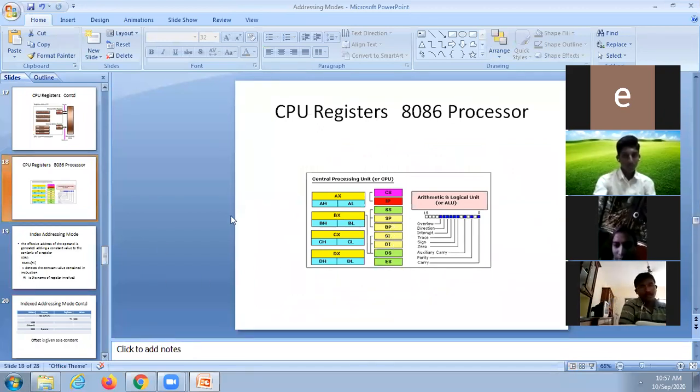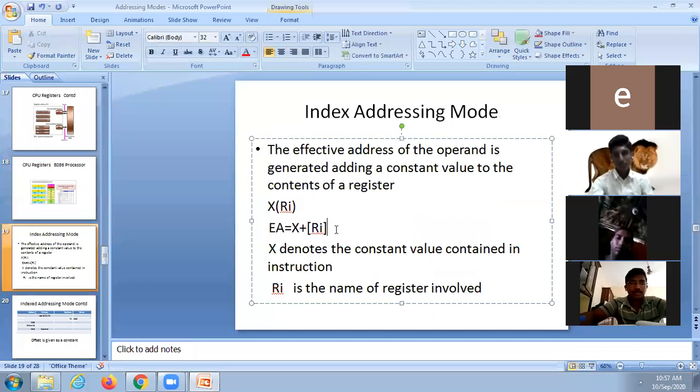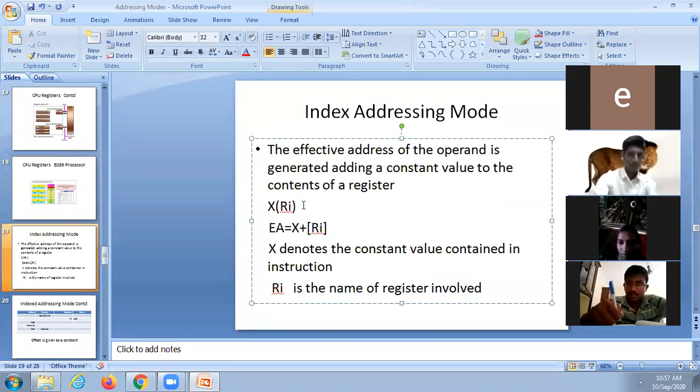This set is for a specific processor, whereas here I am talking in general. Computer organization always deals with things in general, not with a specific processor. We are trying to understand the overall concepts, not a particular processor.